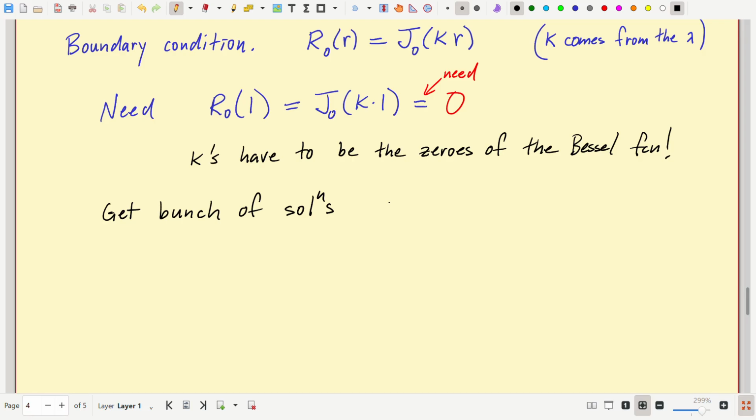Namely, I'll call it R0m of R, which would be the 0th Bessel function, and I would multiply by the mth zero.